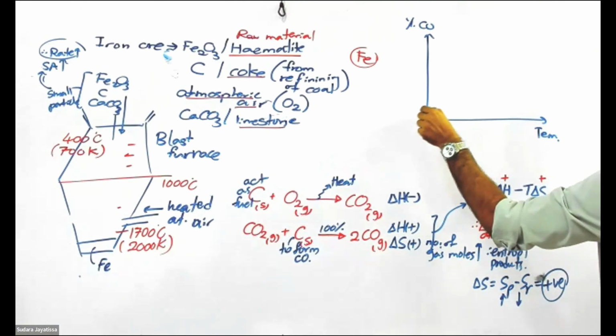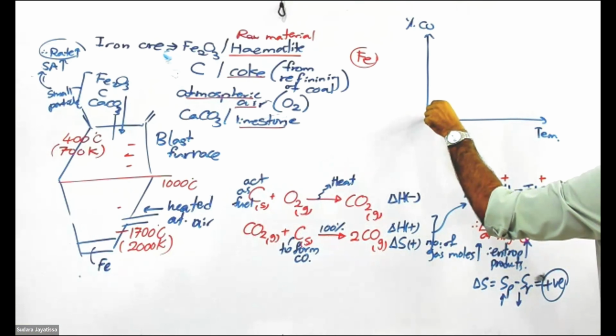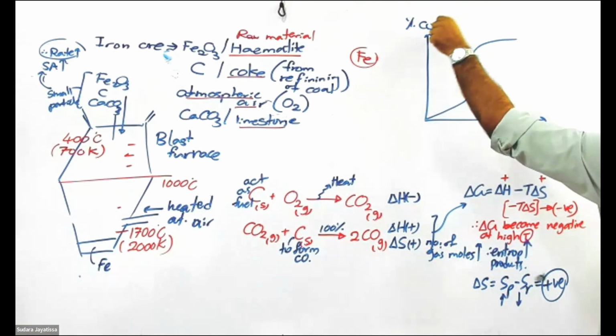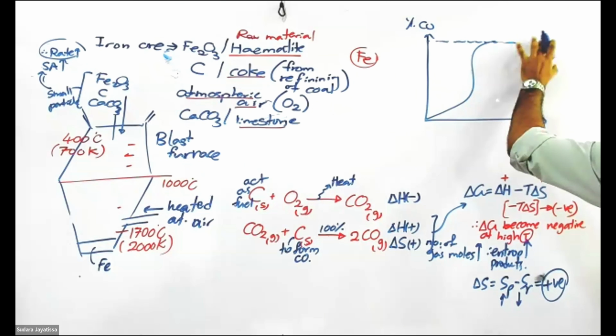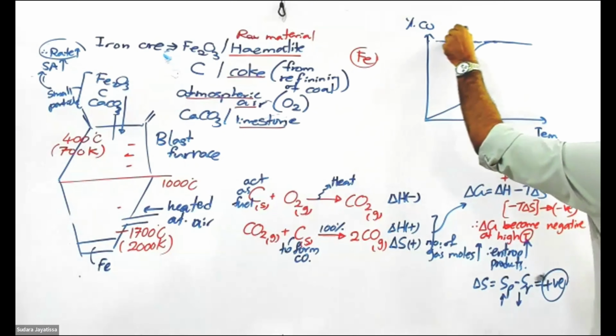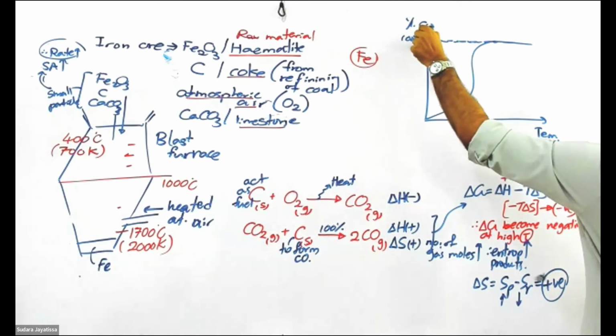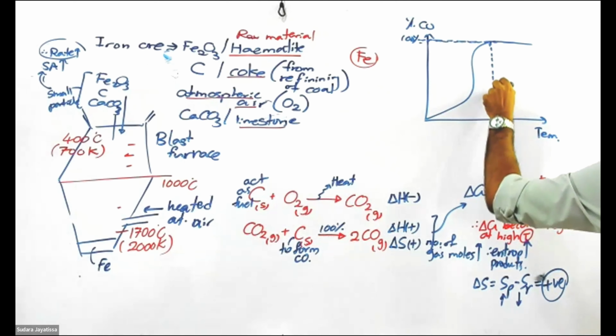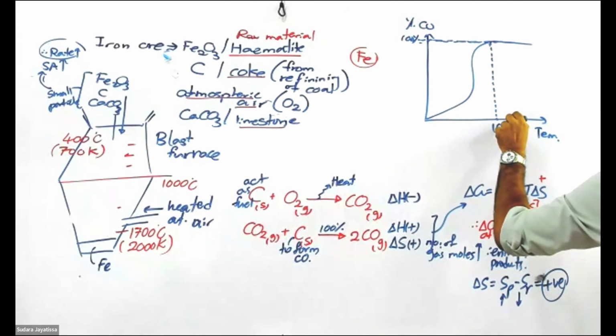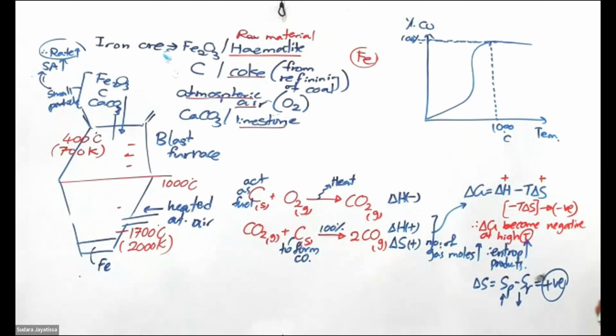So the graph runs like this. The percentage becomes 100% after 1000 degrees Celsius. Is that clear? So that means carbon monoxide is the one that exists after 1000 degrees Celsius.